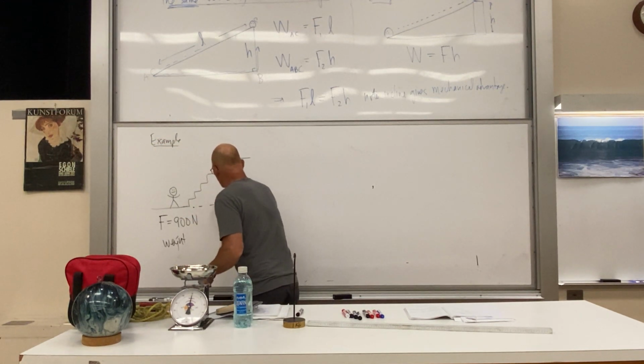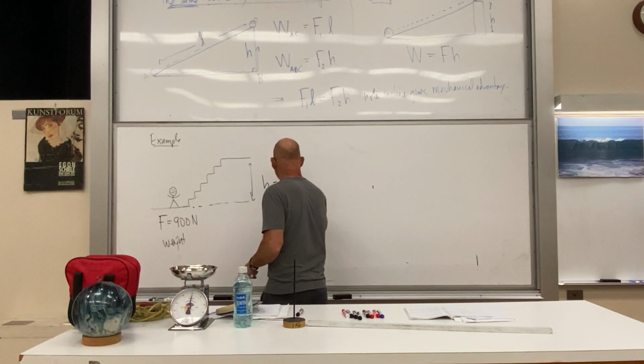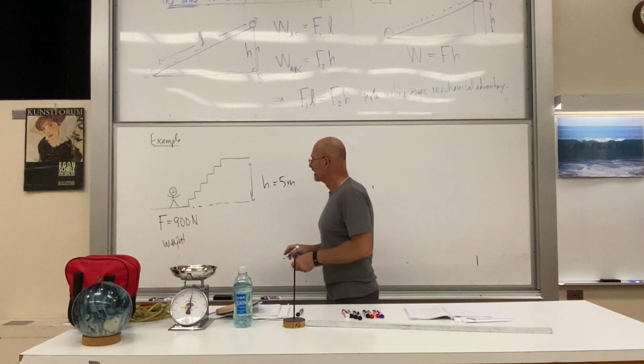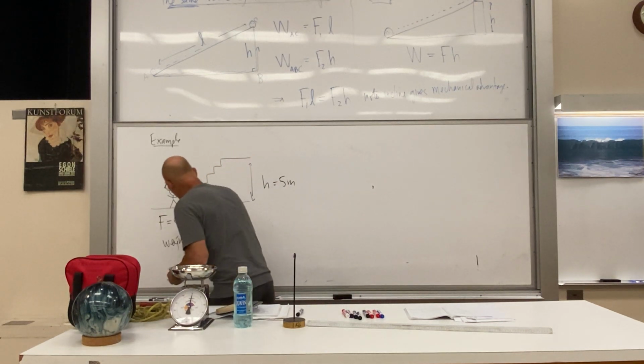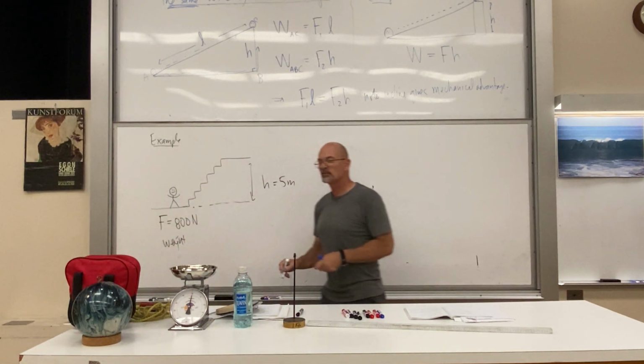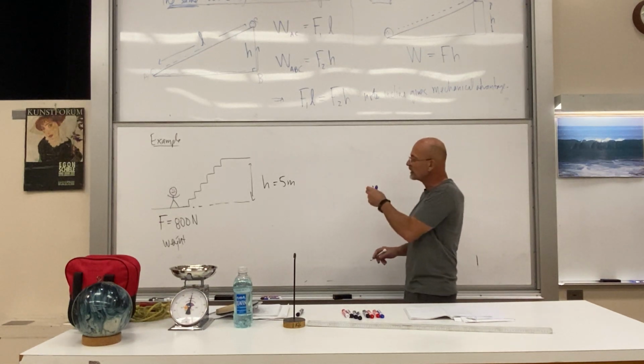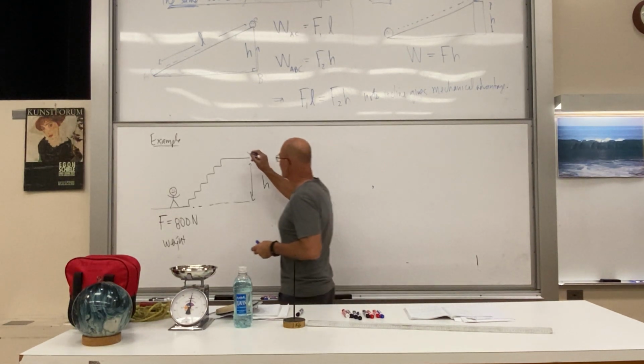And the stair, H is 5 meters. You know what? Because I have a certain number in mind, I'm going to say I weigh 800 newtons. Truth is probably somewhere in between. 800 is a better number for us. 800 newtons, that's my weight, and I climb the stairs.